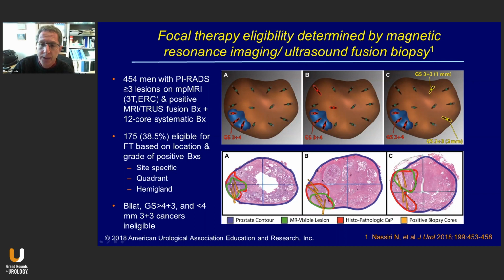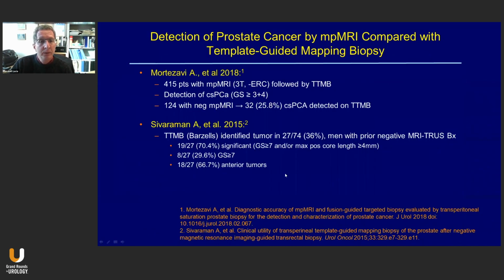And in almost every instance, you see that the red lesion, the pathological lesion, is bigger than the target itself. One, indicating that you need to extend your biopsies beyond the target to really define these areas. But two, it also implies that the only way to really be comfortable with this kind of approach is to do a hemigland technique for ablative therapy.